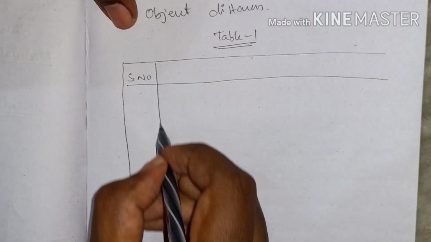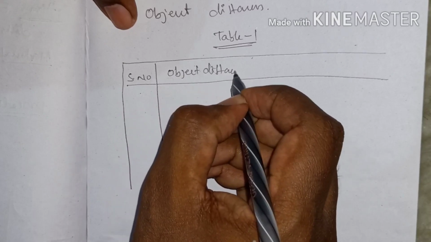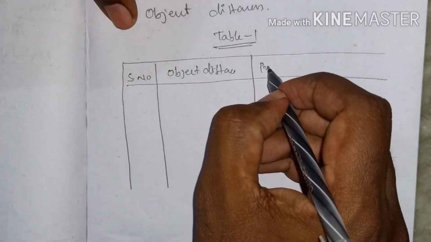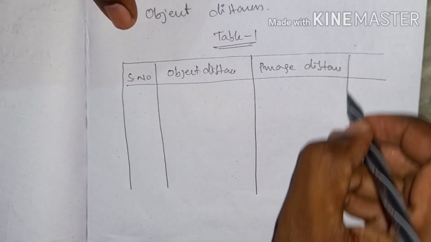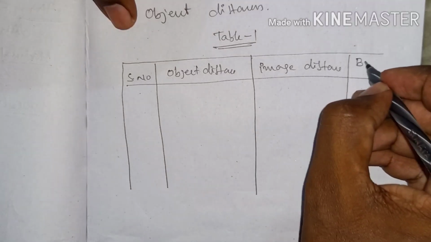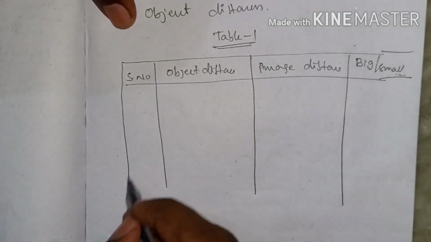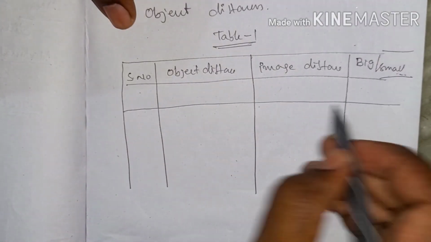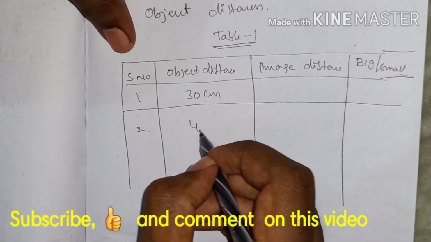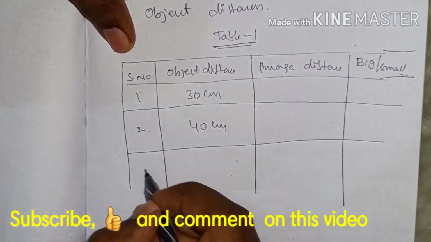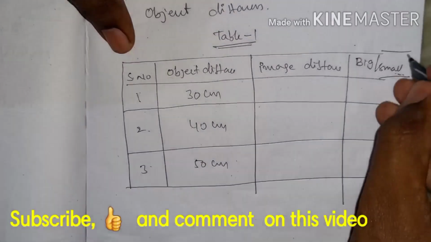Serial number, object distance, image distance, big or small. This is the property of the image. What is the object distance? First one 30 centimeters, second one, let me say 40 centimeters, and third one, let me say 50 centimeters. Okay, these are the table values.